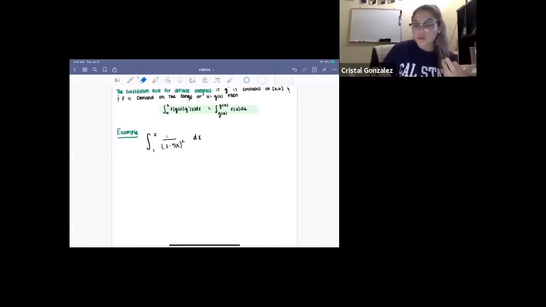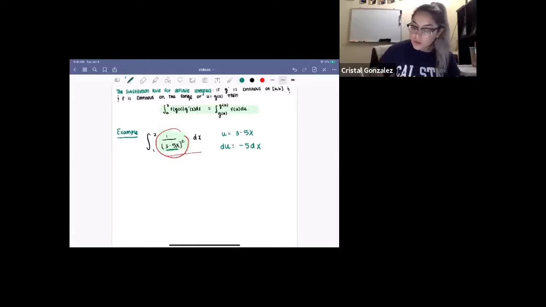When we do our u substitution, we normally let u be our inside, so we're going to let u equal 3 minus 5x. So far, everything is as normal. We still calculate the derivative of u, which is negative 5 dx. I look back at my integral and I don't see a negative 5 anywhere, so I'm going to divide that out.